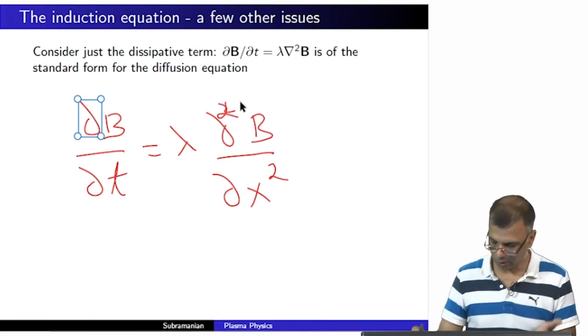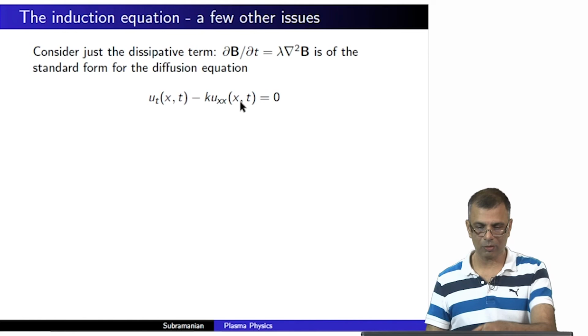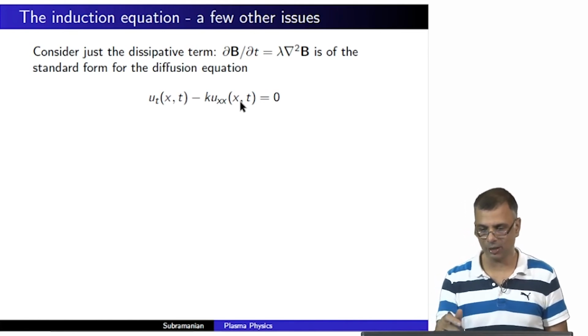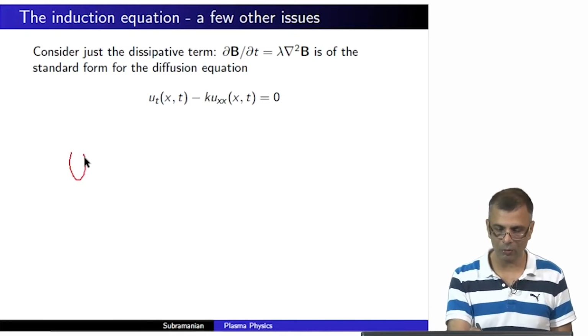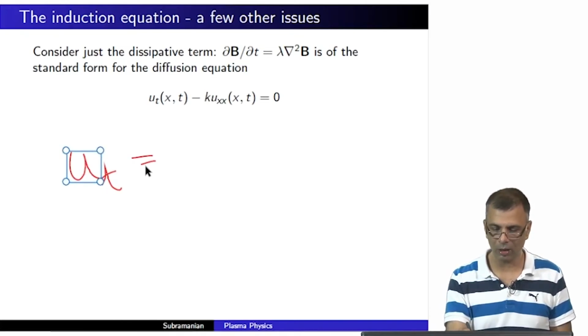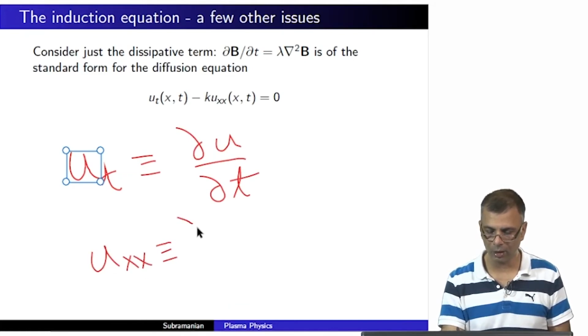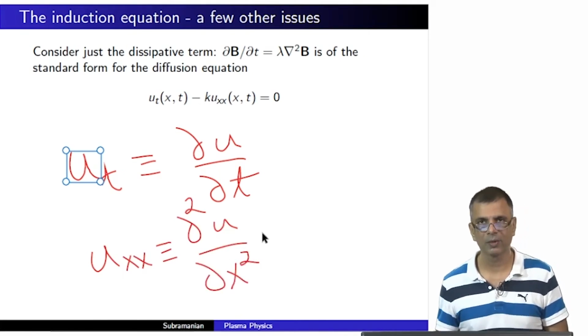And the solution to a diffusion equation is well known. Like that, u t equals u x x, where u t is du dt and u x x is d square u dx square. That is a notation.